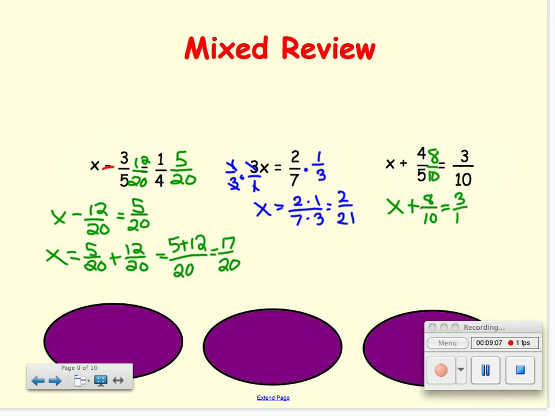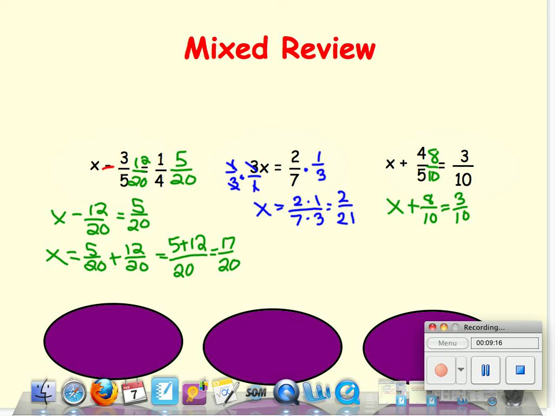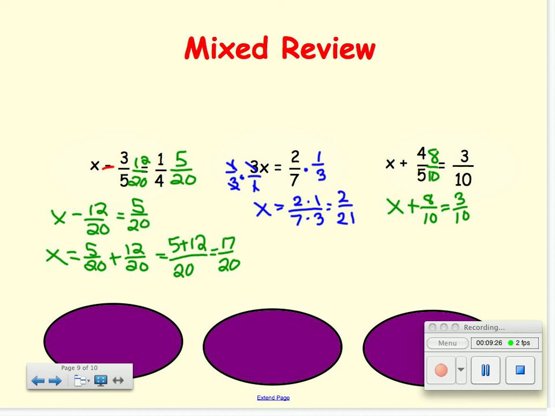Now some of you got a positive 1/2 when you did this, and I want to show you why it is not. So make sure. Keeping in mind that since I'm plusing 8/10, I'm going to have to subtract 8/10. When I subtract 8/10, I am subtracting it from this fraction here. So that's the fraction that should always be first.